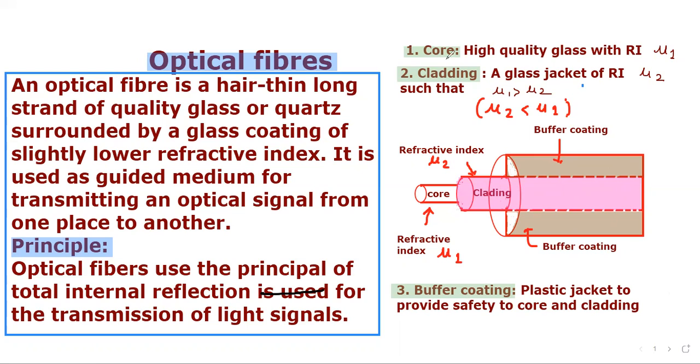Core: high quality glass with a refractive index mu1. Then cladding: a glass jacket of refractive index mu2, such that mu1 is greater than mu2. And then the third one is the buffer coating. It is a plastic jacket to provide safety to the core and cladding.